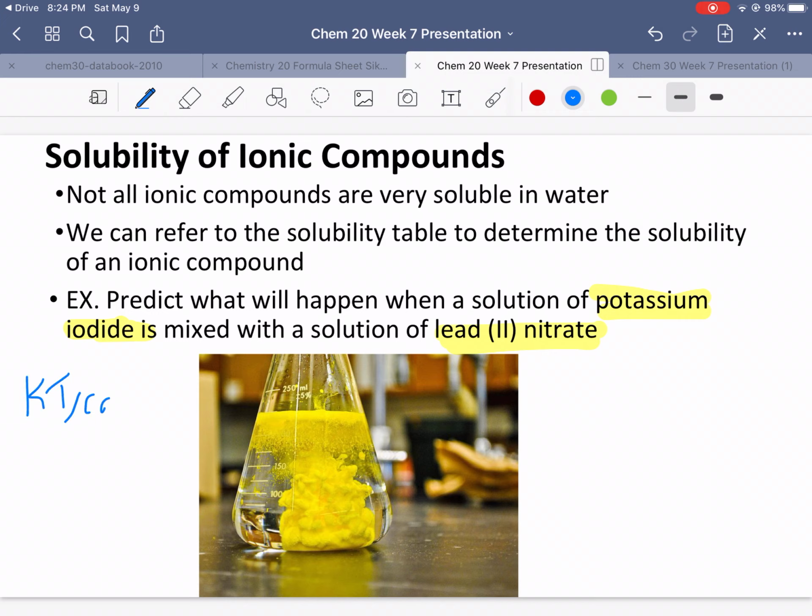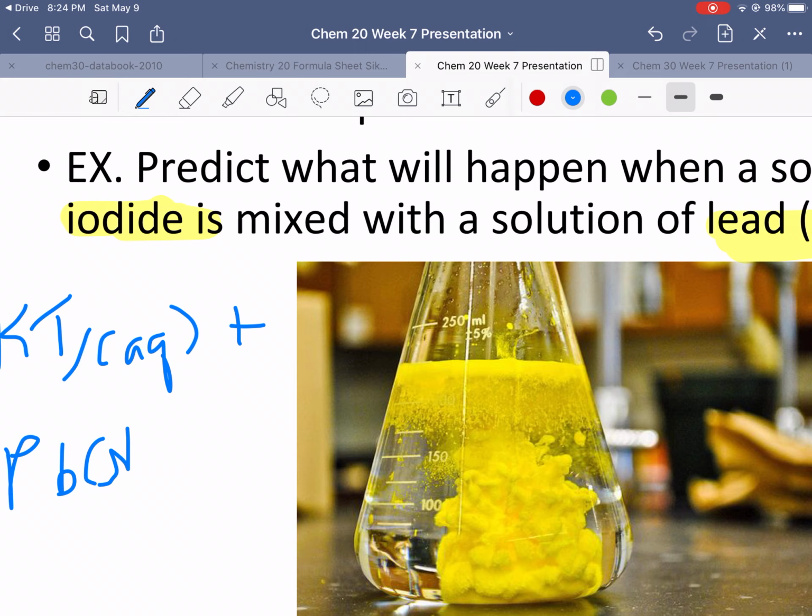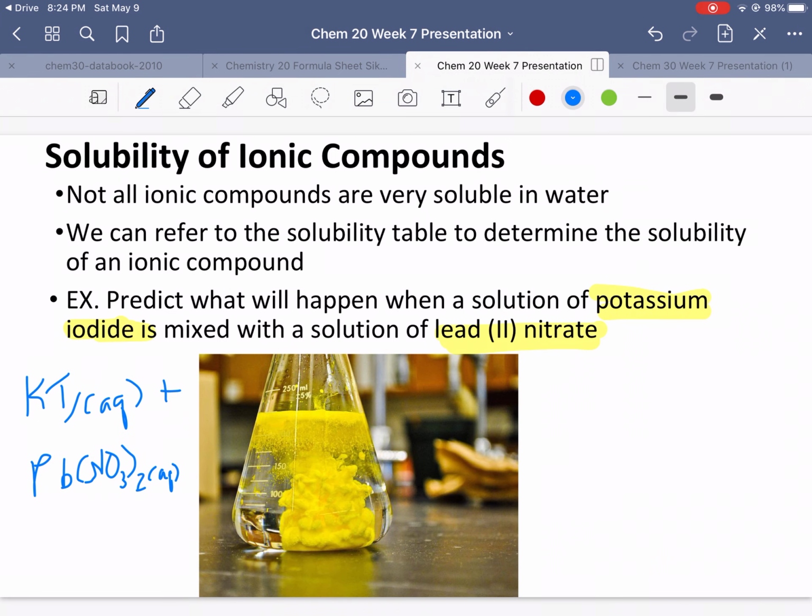It's a solution of potassium iodide, and it's being mixed with a solution of lead 2 nitrate. Right? And I'm putting aqueous at the end of these because they're solutions. And we'll talk a little bit more about this reaction, but it's a double replacement reaction, and you don't need to know that quite yet. In a couple more podcasts, yeah, you do.